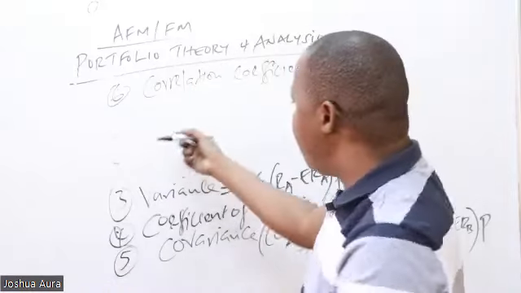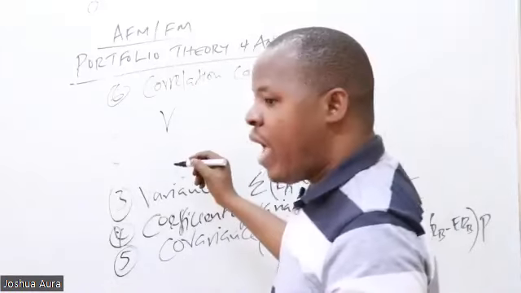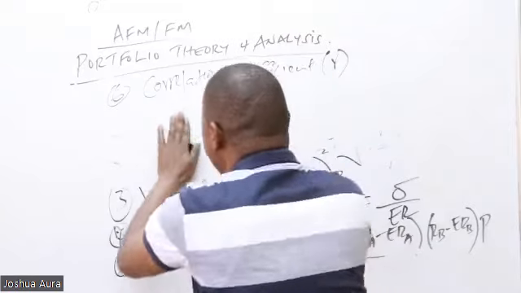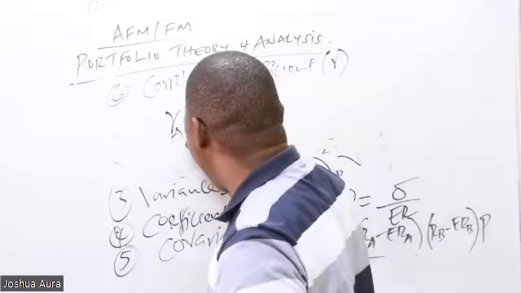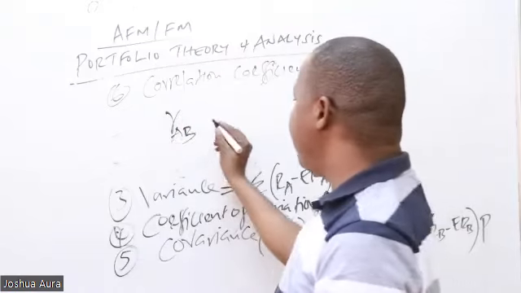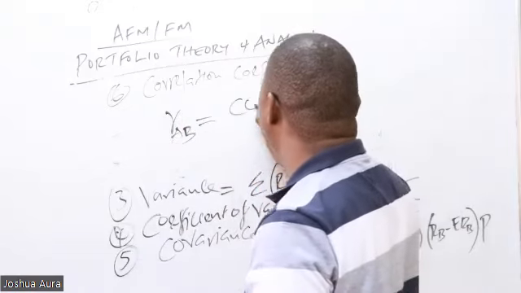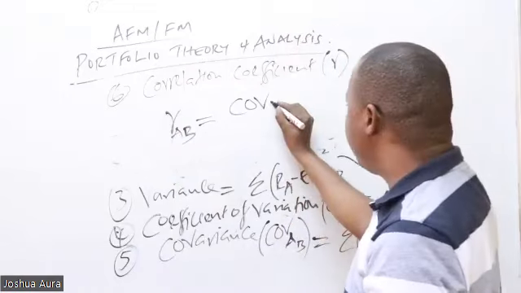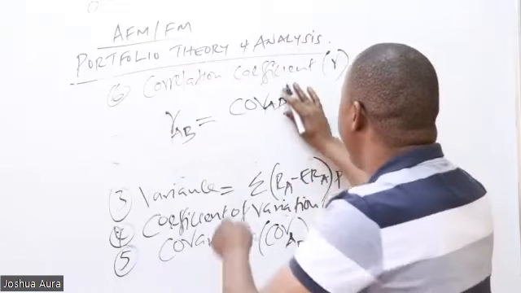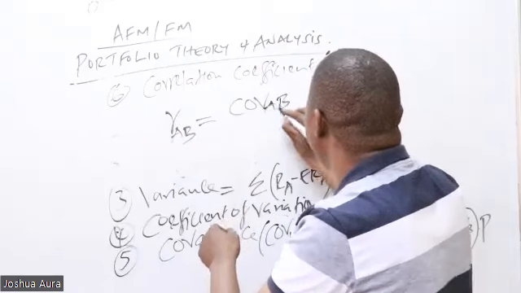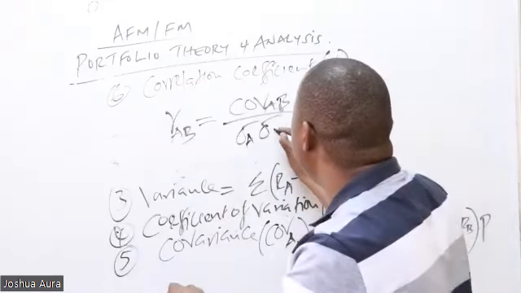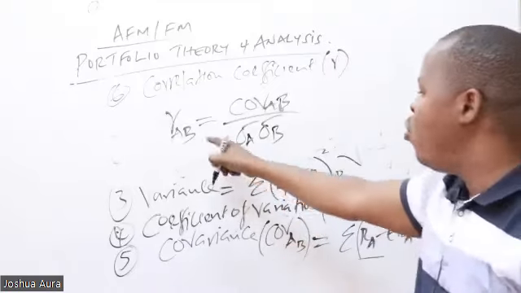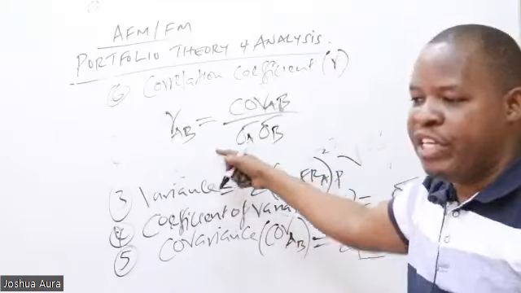Correlation R, not V, this is R, correlation between security A and B will be equal to covariance between security A and B, divided by standard deviation of A, multiplied by standard deviation of B. This is how you calculate correlation coefficient.